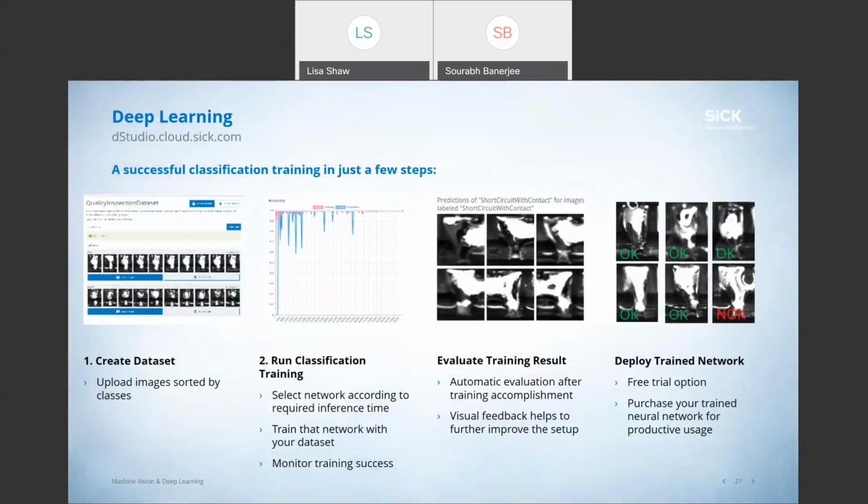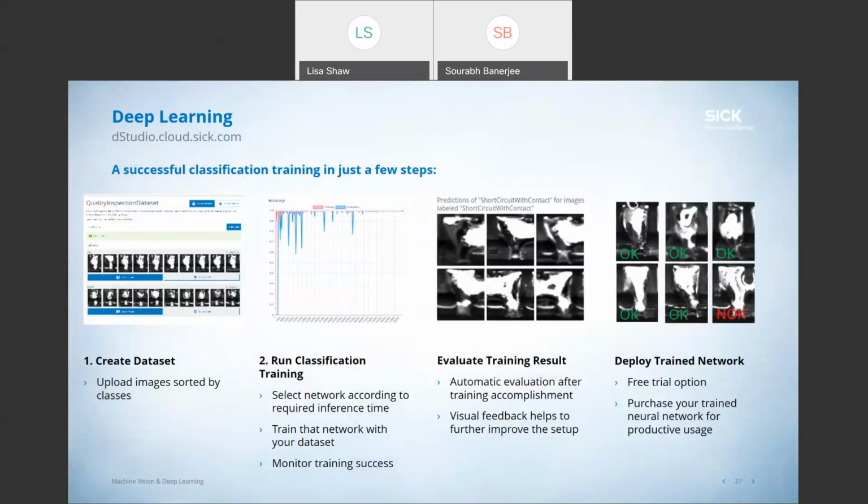So you create your own data set, run your own classifications, and then get a neural network model that you can evaluate by loading it back onto your camera in your production environment, and you see how your trained network works.